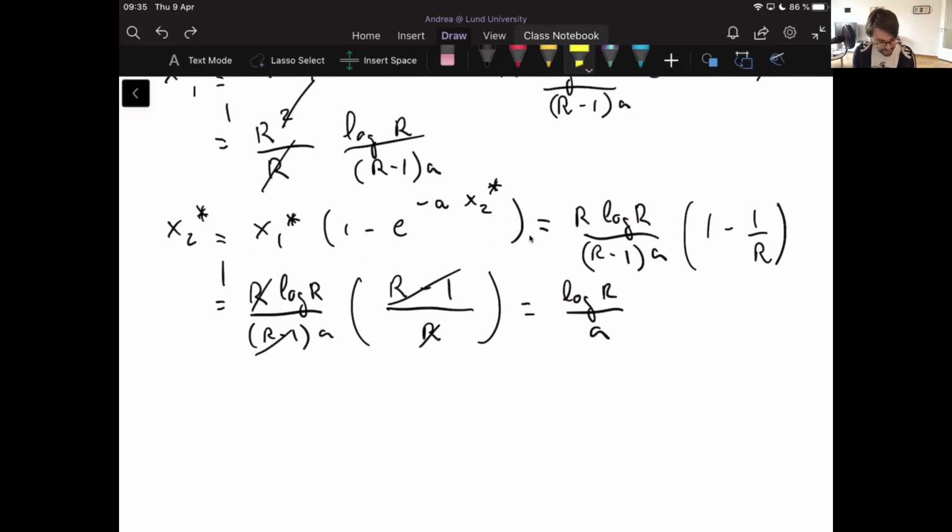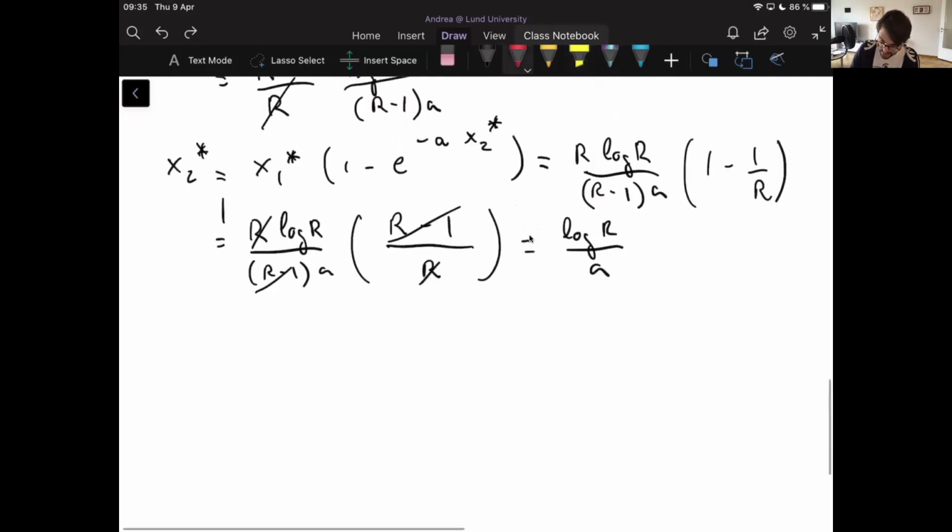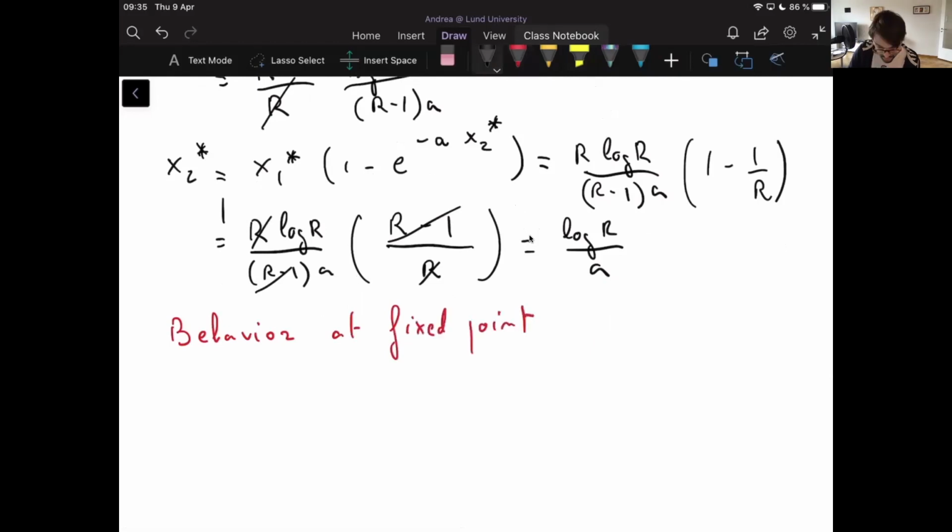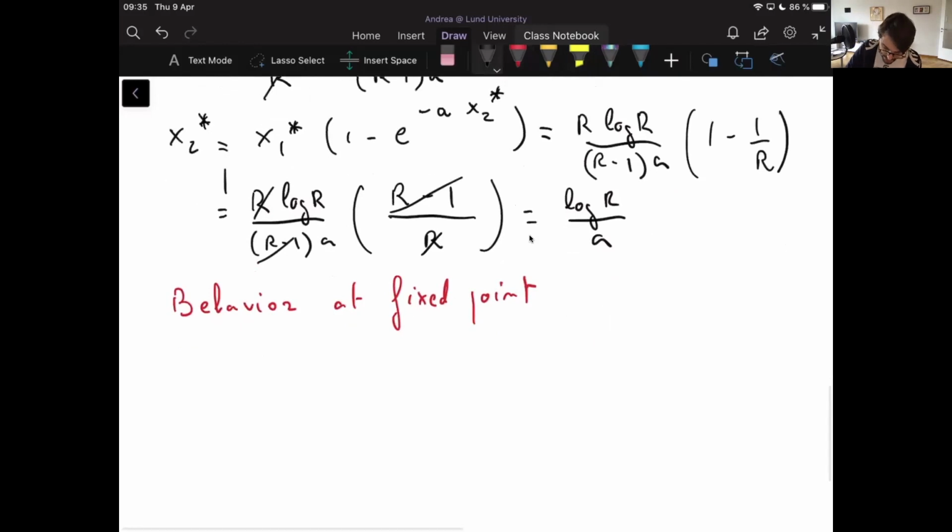But okay, so in a similar way to the one-dimensional case, we can consider the linearization, just like we did in the one-dimensional case. So, behavior at fixed point. Okay, so similarly to the one-dimensional case, I want to study the delta of x of j plus 1.